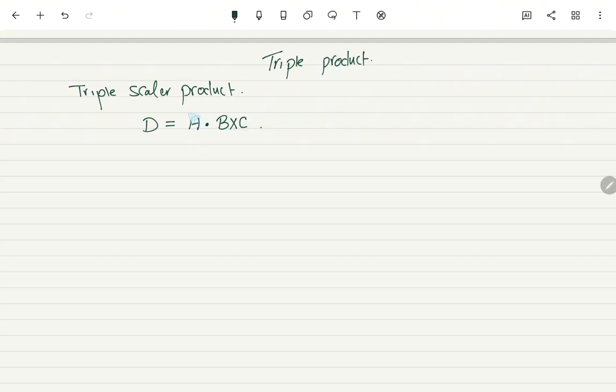So A is a vector, B is a vector, C is a vector, so B cross C is a vector quantity. So A, which is a vector, dot another vector.